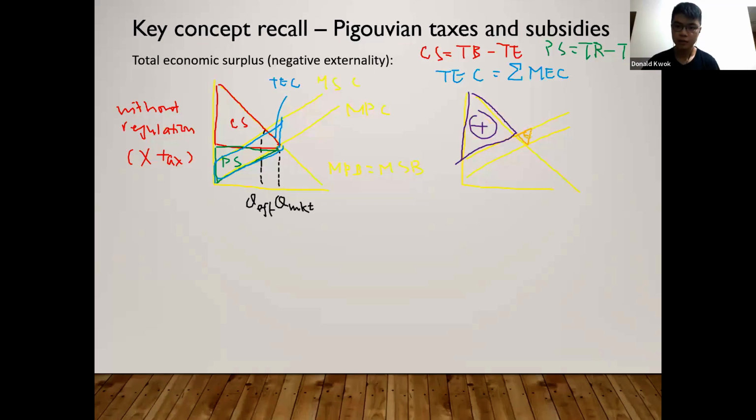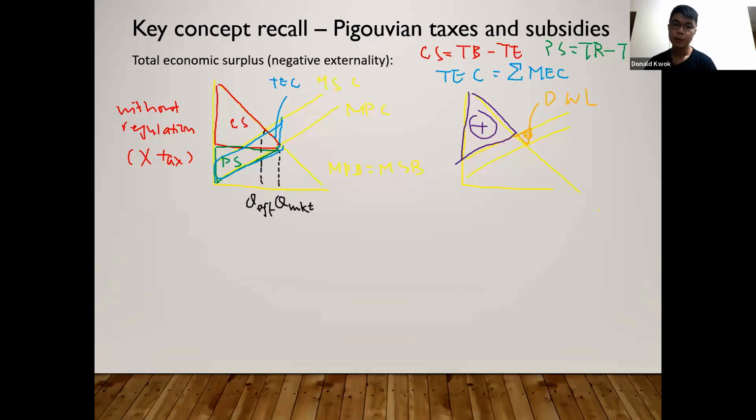Okay. The total economic surplus under this case is the purple triangle minus the orange triangle after dealing with these overlapping areas. Okay. Compared to the situation where the total economic surplus is maximized, this part will be the unattained part, which is simply the deadweight loss.